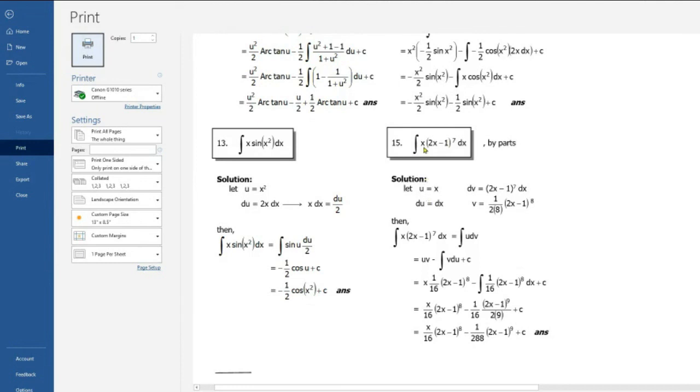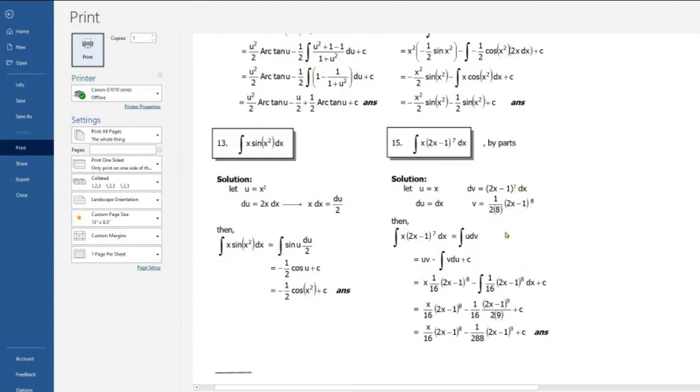So, u is equal to x, then du. Then ito gagawin mong dv, 2x minus 1 raised to 7 dx. Okay. Kaya, ayan. Magiging 2x ito. So, ang kailangan ay dx, 2 dx. So, magkakaroon ng 1/2. And then ito, magiging plus 1.